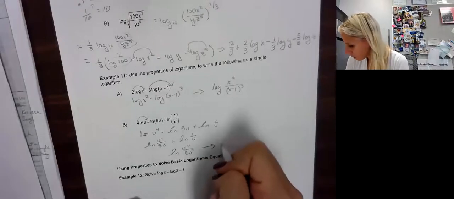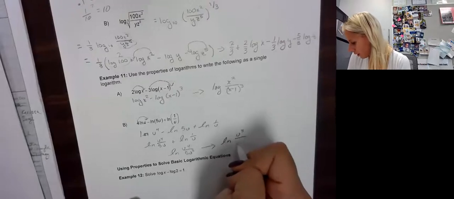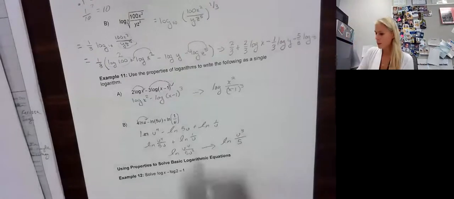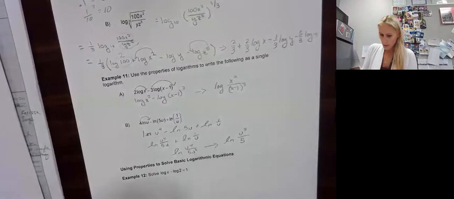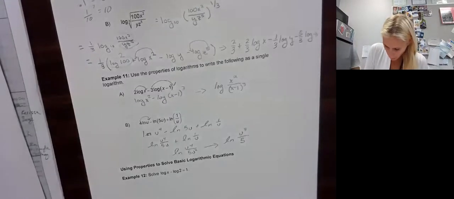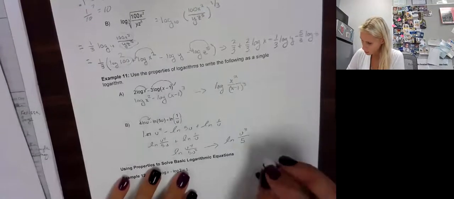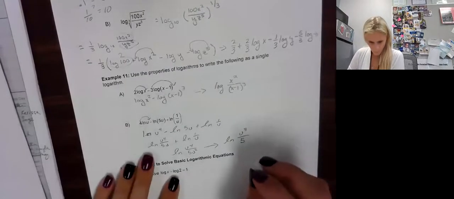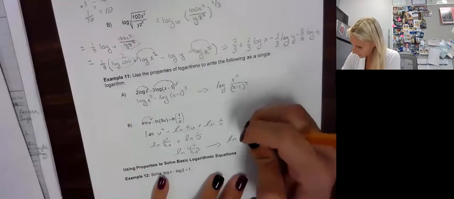Because we have to simplify. ln u to the 3rd all over 5. So we can get rid of the u. And this should be to the 2nd, right?